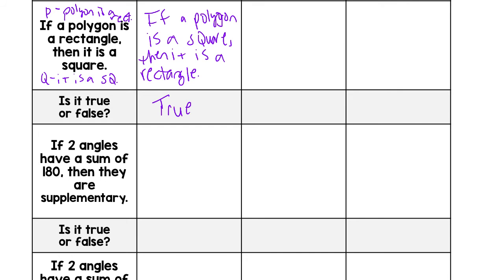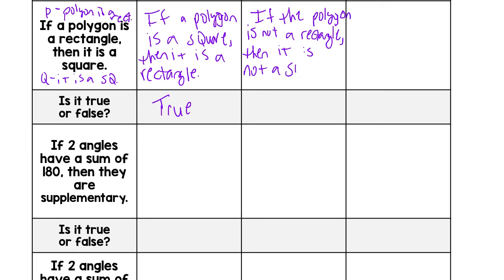The inverse would be if the polygon is not a rectangle, then it is not a square. That is absolutely true. Your polygon has to be a rectangle for it to even have the possibility of being a square.